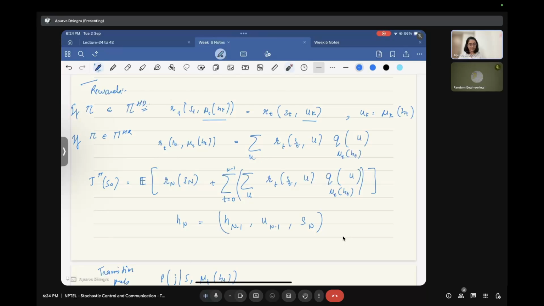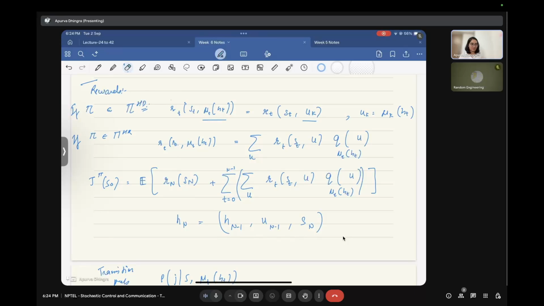So the update is only these things. Now it depends on how the r function is defined. That may use this part, that may use the whole of it, or it may be that just this part is sufficient. I think that depends on the kind of problem you're dealing with.